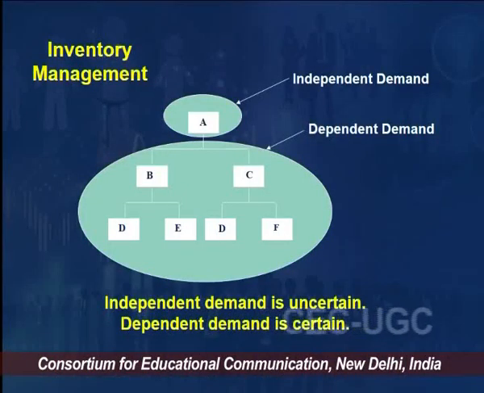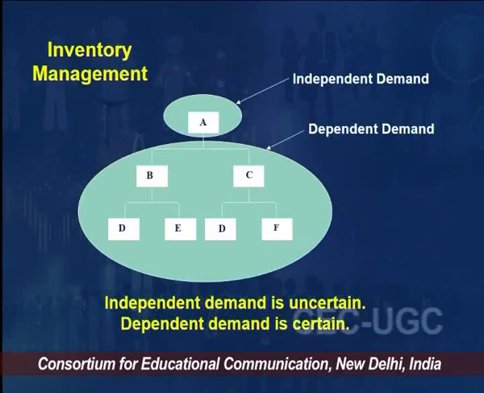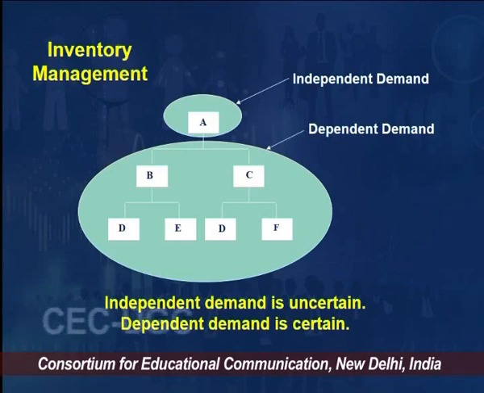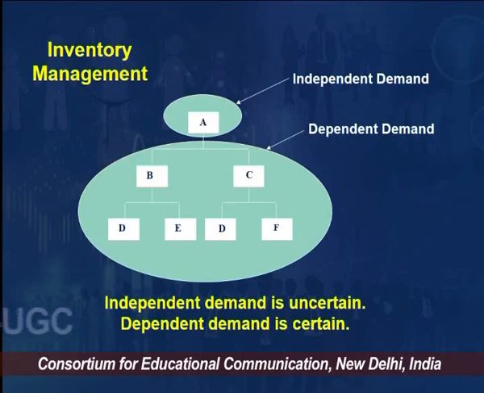At the top, A has an independent demand. There are various components in the hierarchy. B and C have dependent demand. Further, to make the B assembly, you need other components. For C also you need other parts, sub-assembly systems. So this is the hierarchy of independent demand and dependent demand systems.